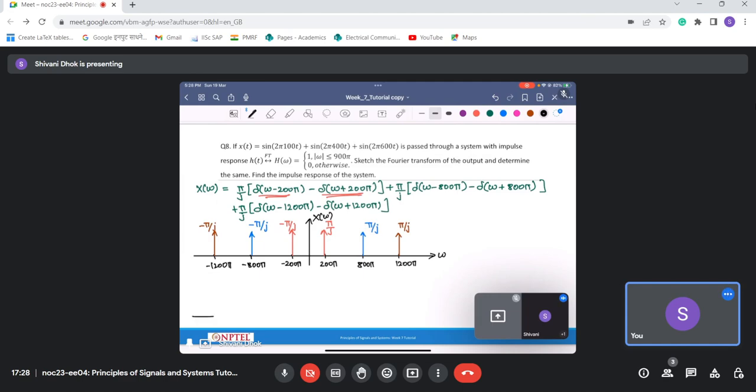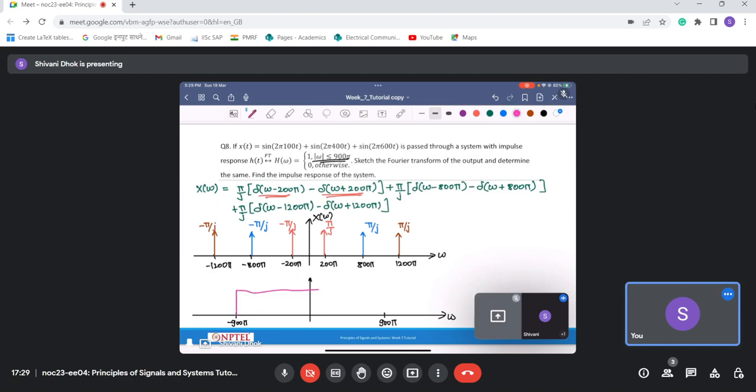Another thing that we have been given is this H(ω), and it is said that H(ω) takes a value 1 for all the frequencies from −900π to 900π.